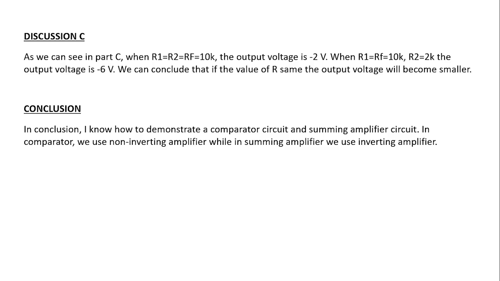Discussion C. As we can see in part C, when R1 equal to R2 equal to RF equal to 10K, the output voltage is negative 2 volt. When R1 equal to RF 10K, R2 equal to 2K, the output voltage is negative 6 volt. We can conclude that if the value of R is smaller, the output voltage will become bigger.